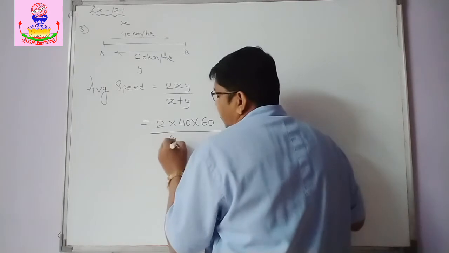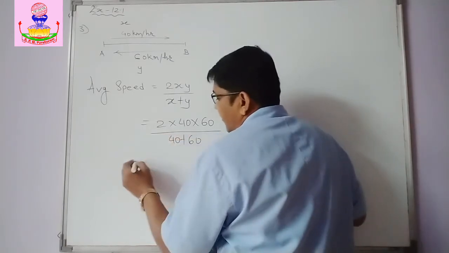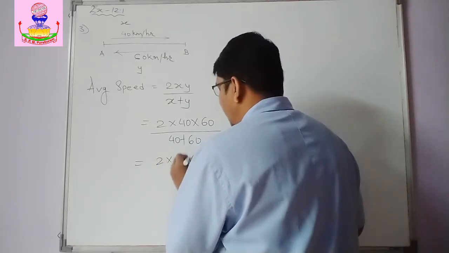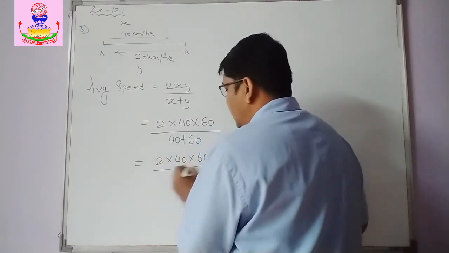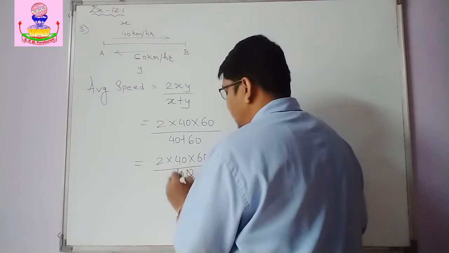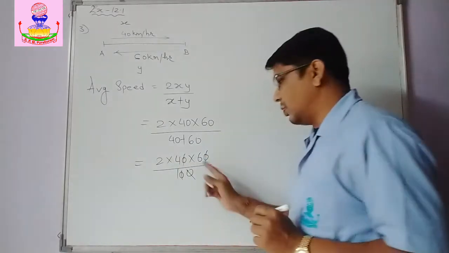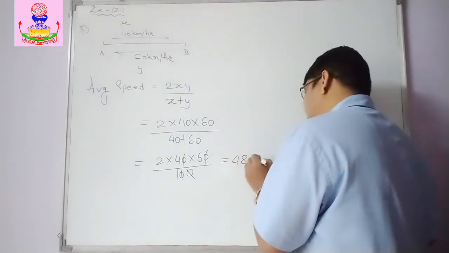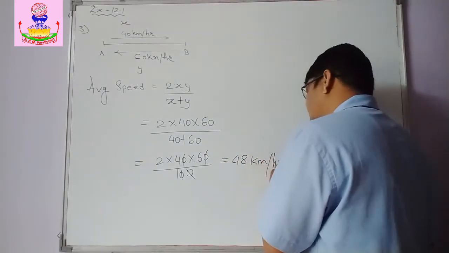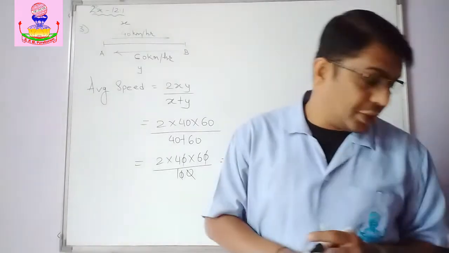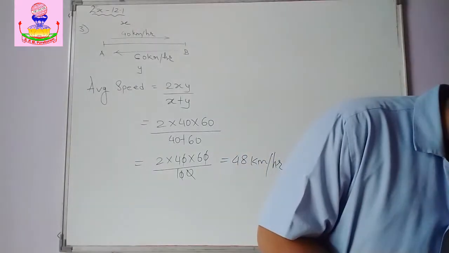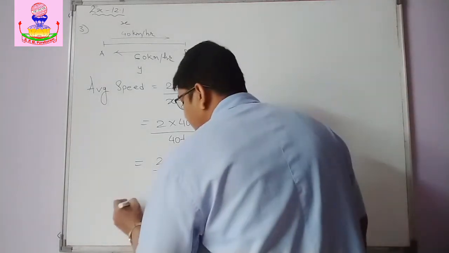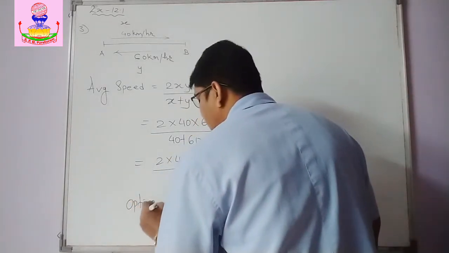Upon x plus y, that is 40 plus 60. So 2 into 40 into 60 upon 100. So 1, 2, 1, 2. 6 for the 24, 24 2s are 48 kilometers per hour. That is the average speed. And so option number 2. Option 2 is the right answer.